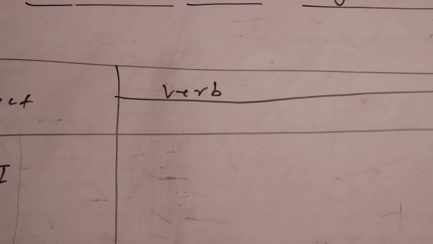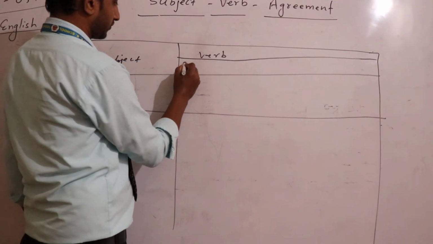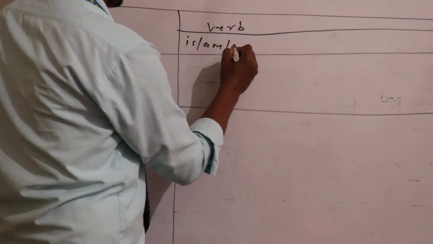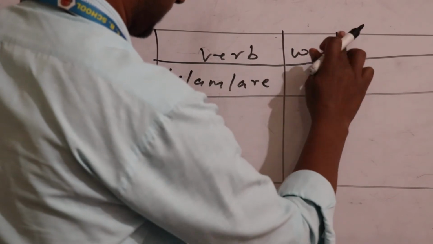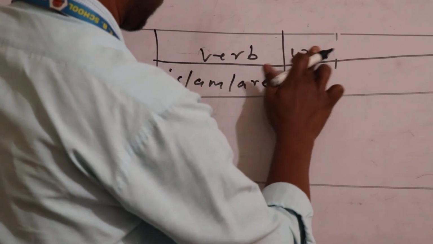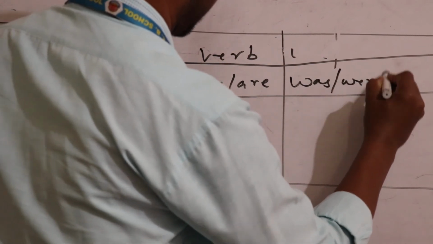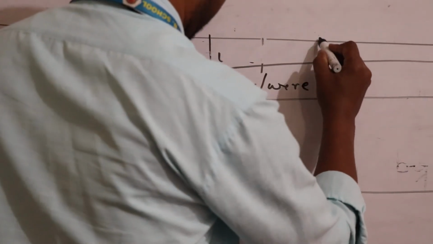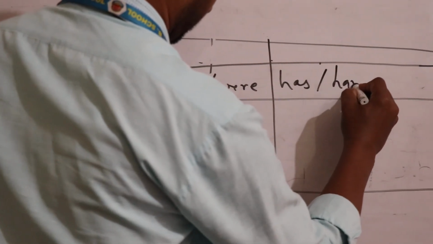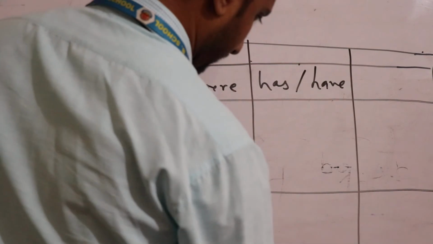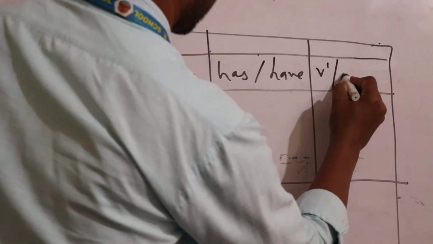So I is there. So is, am, are, and was, were, has, have. Verb 1, verb 5.